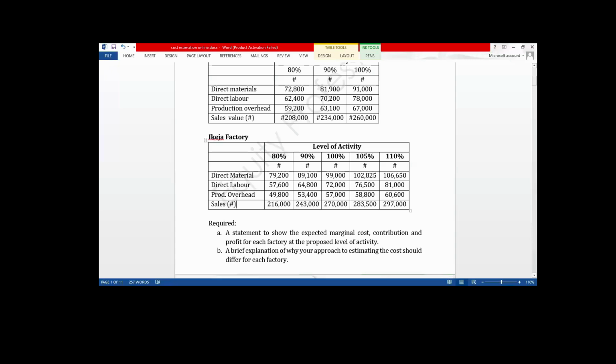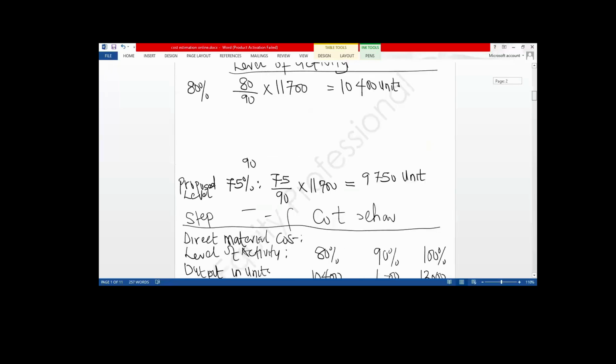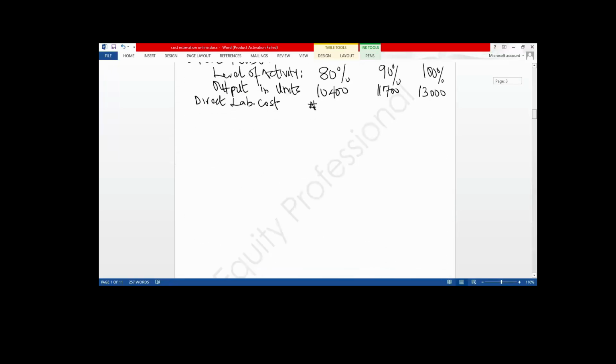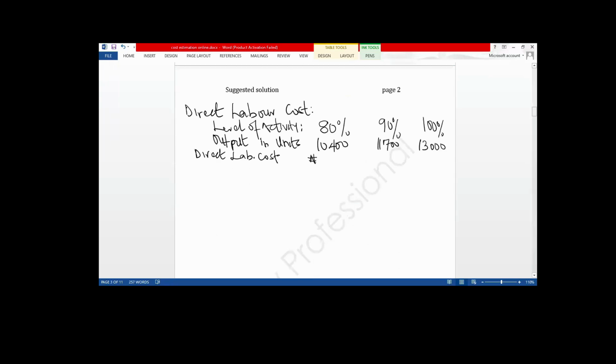You are going to pick this cost. The first one, 62,400. Next, 70,200. Next, 78,000. Please calculate direct labor cost per unit.